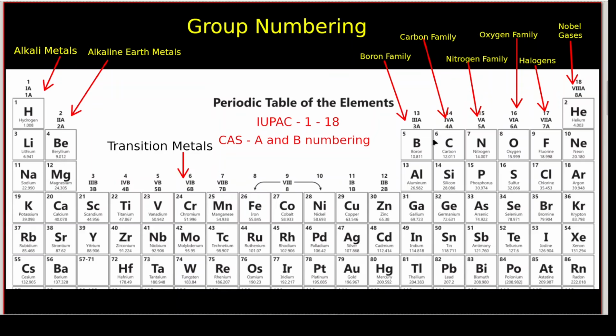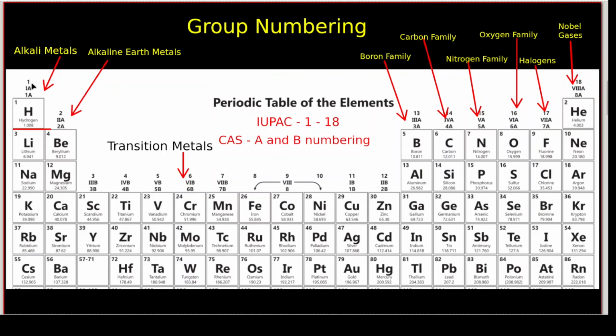Then we have the boron family, the carbon family, nitrogen, oxygen families, the halogens, and the noble gases. Now, think of hydrogen as being an oddball here, because hydrogen is not really a metal. So you may want to distinguish that by maybe separating the hydrogen here from the rest of them.